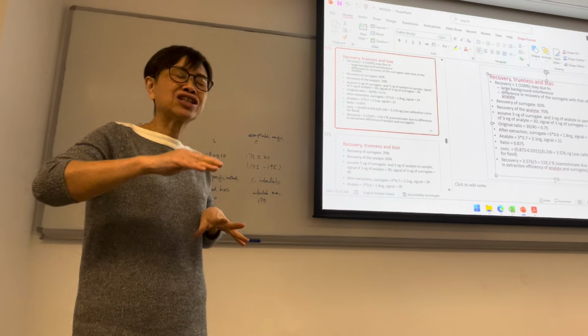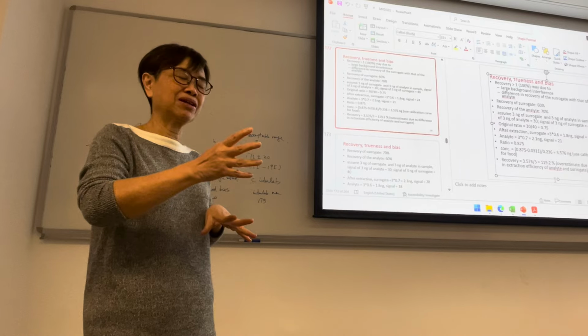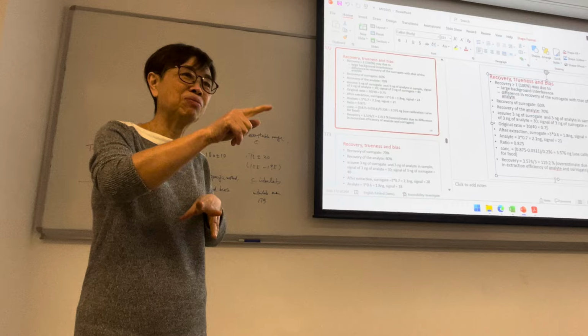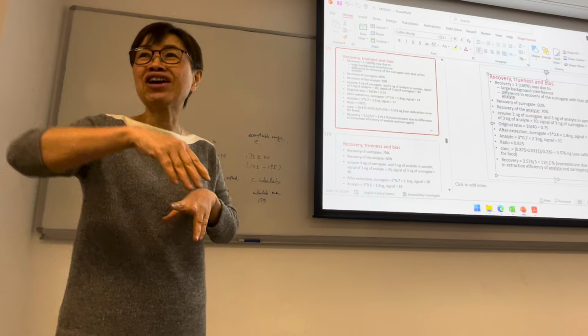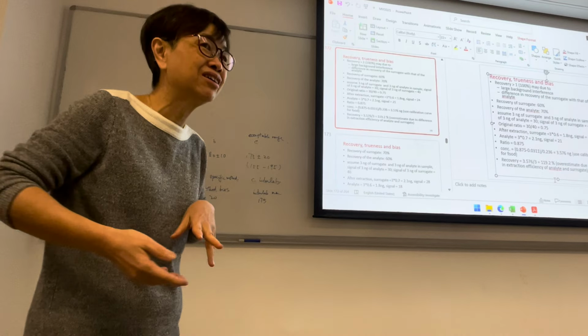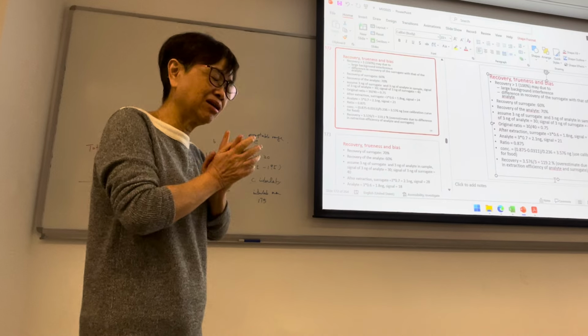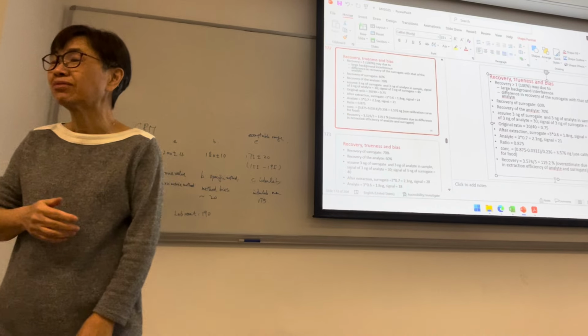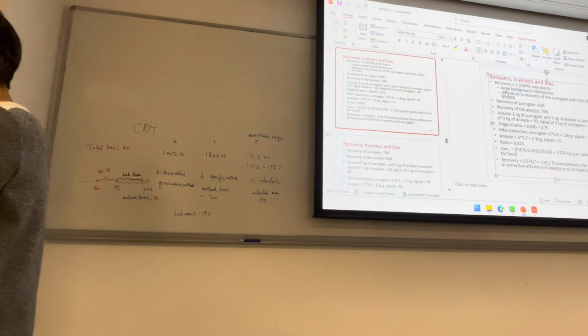Then constantly, this is a systematic bias. Constantly, recovery of one analyte will be lower. Constantly, recovery of another analyte will always be higher than 100, okay? So for multi-analyte analysis, it does happen in such a case. This is due to difference in recovery.